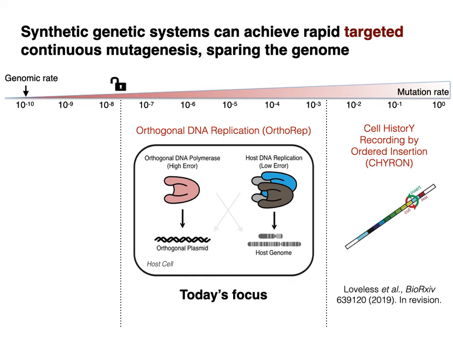We have developed two such targeted mutation systems in my lab, and I will be talking about one of them called orthogonal replication, or OrthoRep, in this video. The idea with OrthoRep is that if I have a second replication system that does not replicate the genome, but is only responsible for replicating our genes of interest on the orthogonal plasmid, I can indeed get to high mutation rates, since 1/L for a gene is much higher than 1/L for the genome.